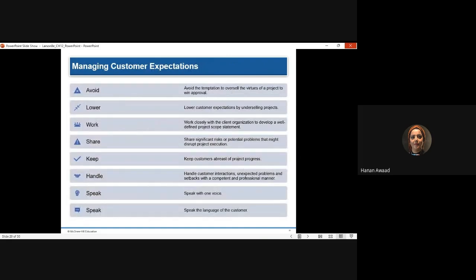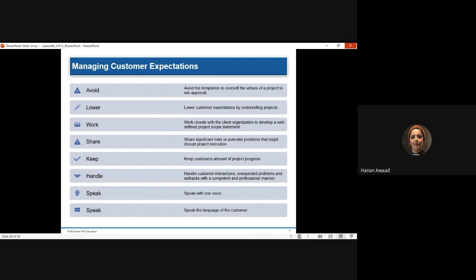So when you are managing customer expectations, try to avoid the temptation to oversell. That's why we have this popular saying: under promise, over deliver.